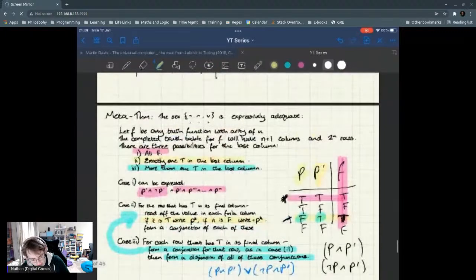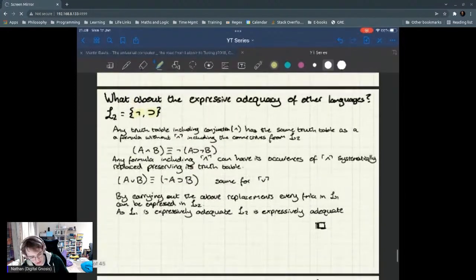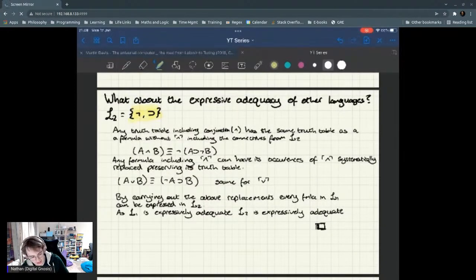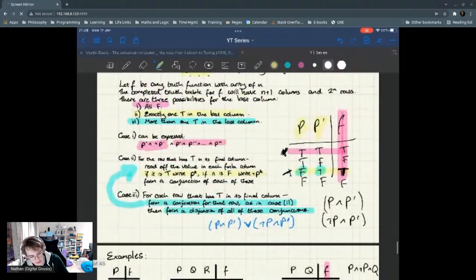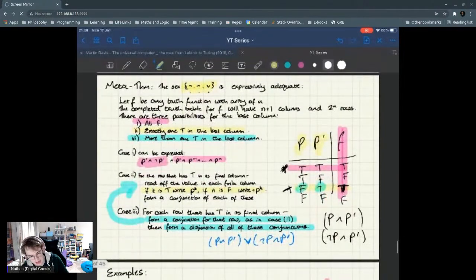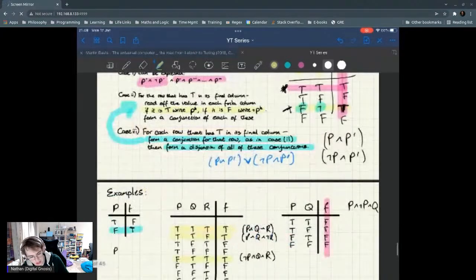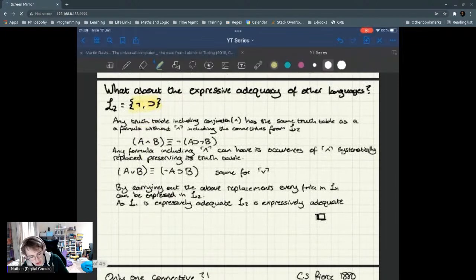Well, as we know that this set is expressively adequate, if we can translate every well-formed formula in this set into our second set, then that means that the second set is also going to be expressively adequate. So all that we have to do then, once we've proved the expressive adequacy of not and or, is go on to show that there is a translation between the two languages. So we can do that as follows here.